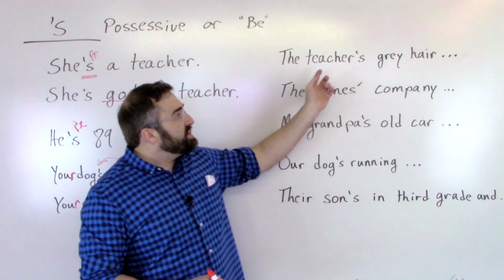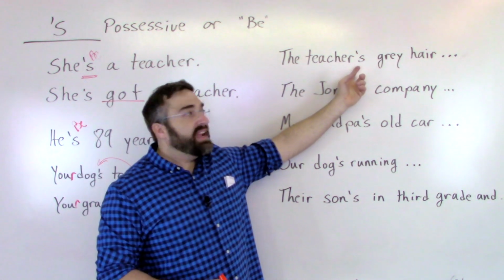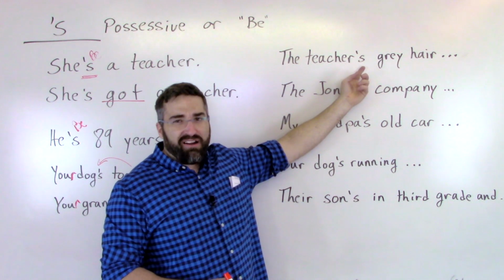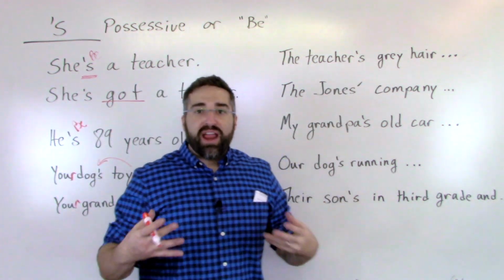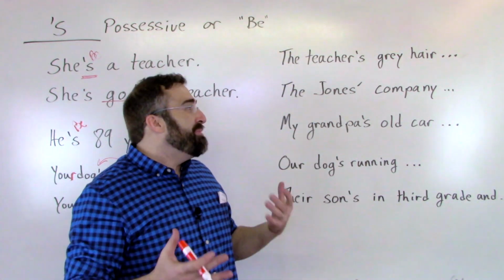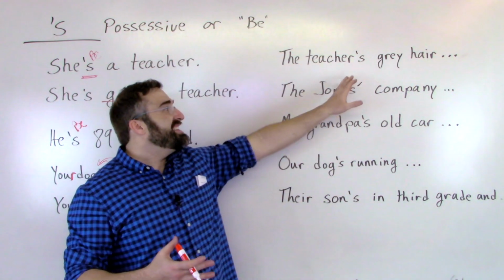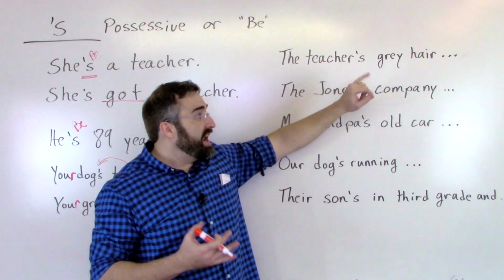So there's not really an action to be done here. It's not an is, okay? The teacher is gray hair. That means that your teacher is nothing but a big pile of gray hair, which is not what a teacher is. Maybe some teachers, but in this case, we are saying your teacher has some gray hair.